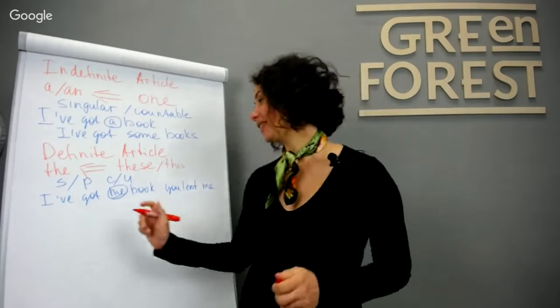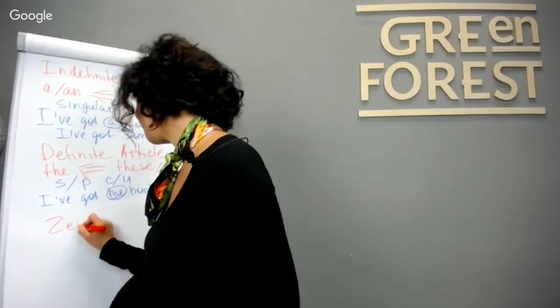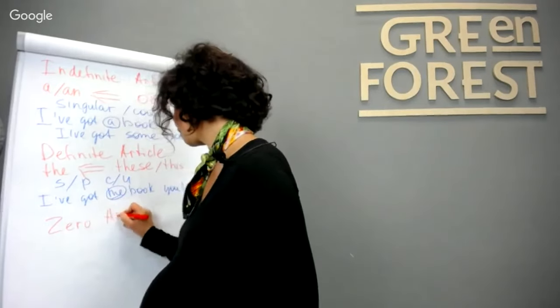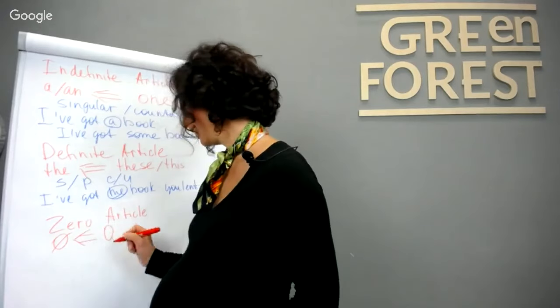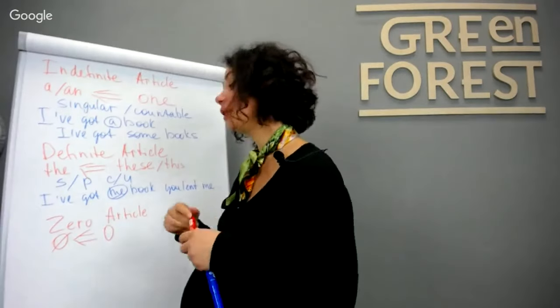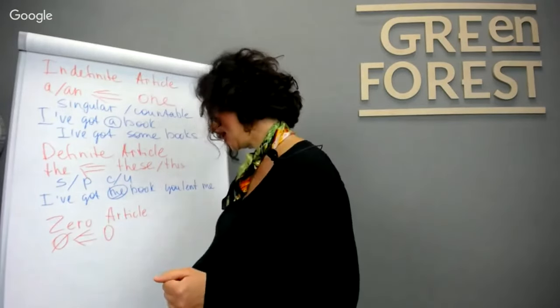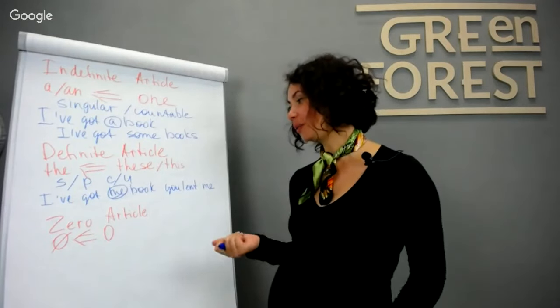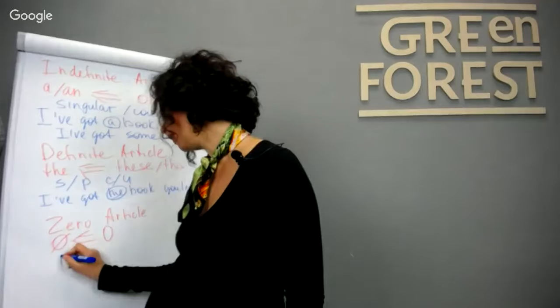Last one, zero article. Zero article comes from zero, and it means that we don't use anything. But there are rules for not using articles too, because in most cases we use something. When we use the zero article, first of all, we use it when we talk about something in general.